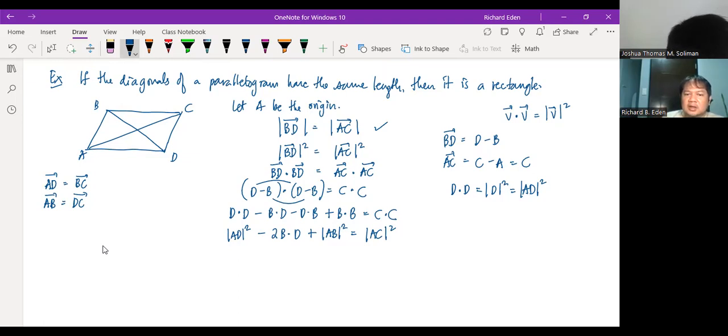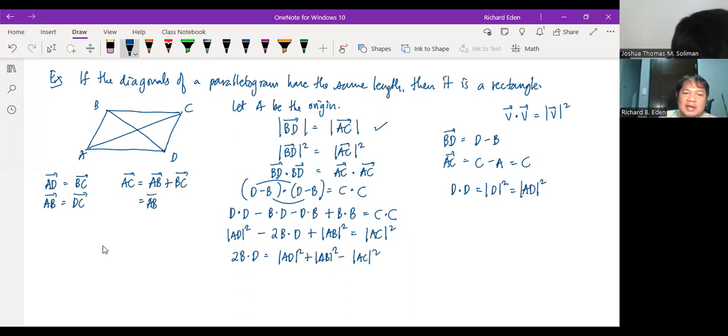So let me rewrite this. 2b dot d equals ad squared plus ab squared minus ac squared. Okay. In particular, I'm looking at AC because, oh, hold on, I see. From the figure, vector AC is the same as AB plus BC.